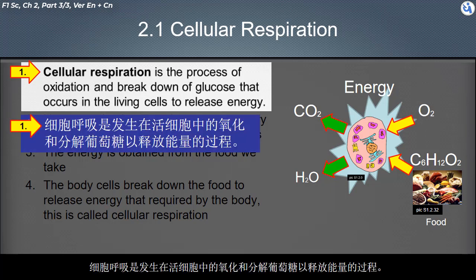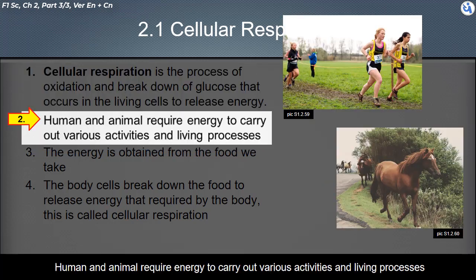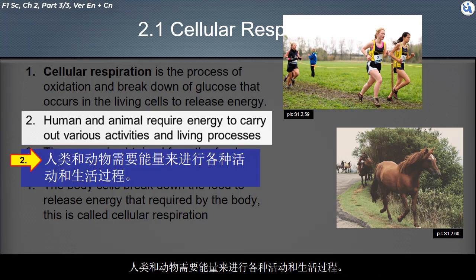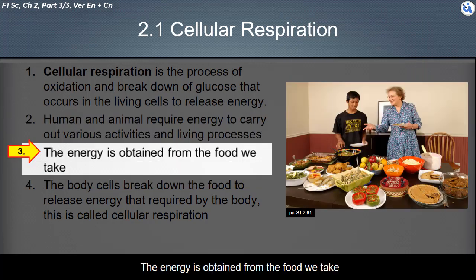Humans and animals require energy to carry out various activities and living processes. The energy is obtained from the food we take.